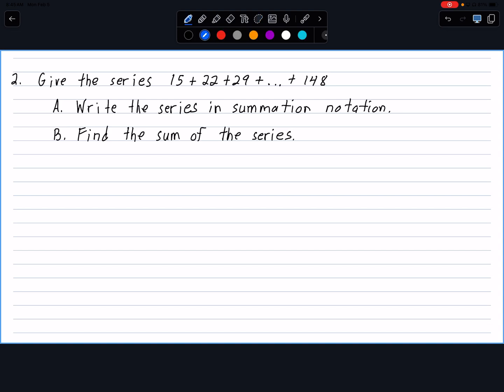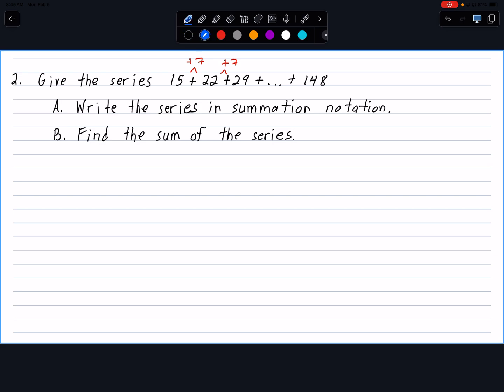So the first thing I'm going to do is write a formula for the sequence, and then I'll fit it into my summation. So in this case, let's notice what's going on here. We are adding 7 each time. And since we are adding 7 each time, this is going to be arithmetic.